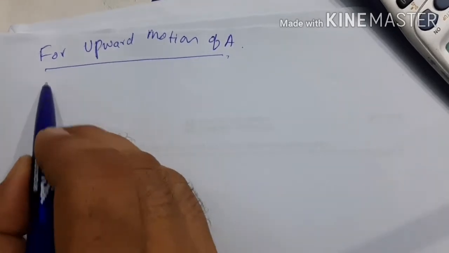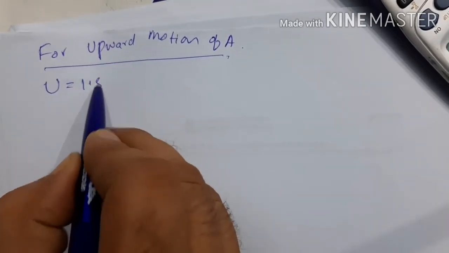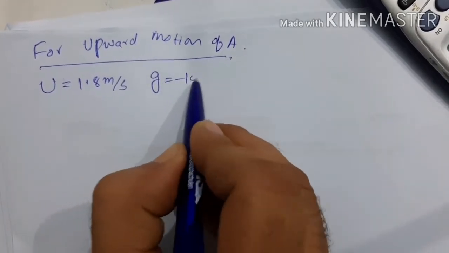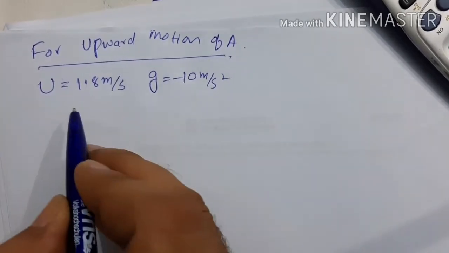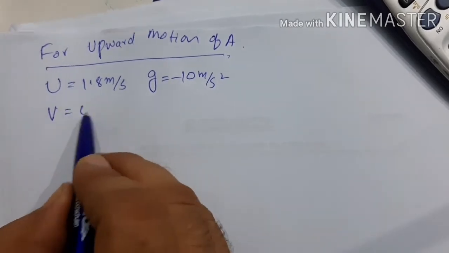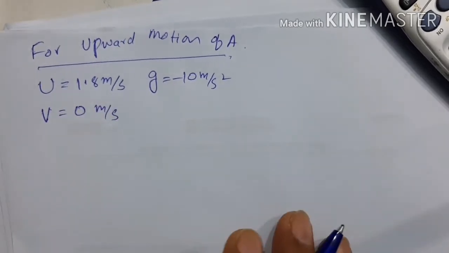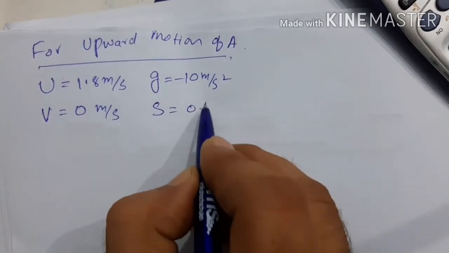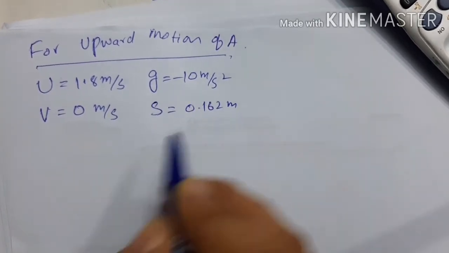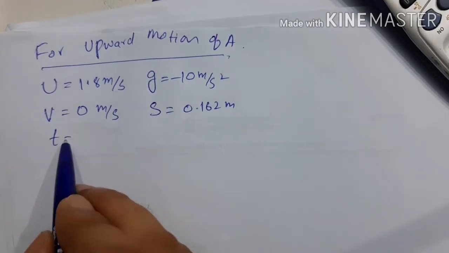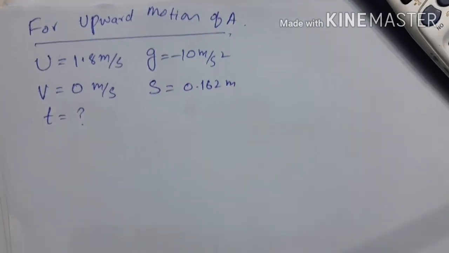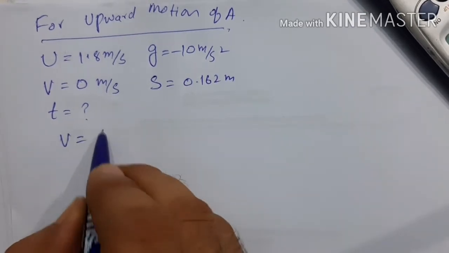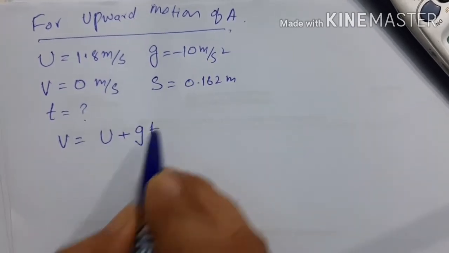For upward motion, we know that u is 1.8 meters per second, g is minus 10 meters per second square, v is 0 because the particle will stop at the top point, and the distance we found is 0.162 meters. So now we can find the upward time. v is equal to u plus gt.